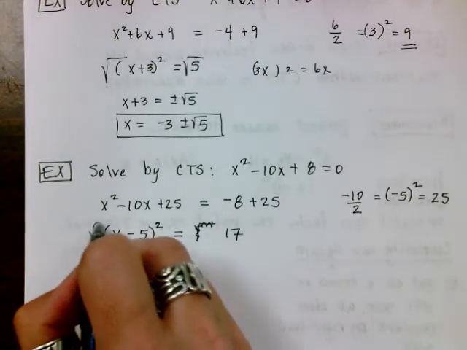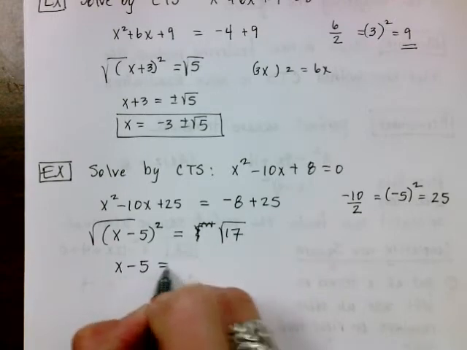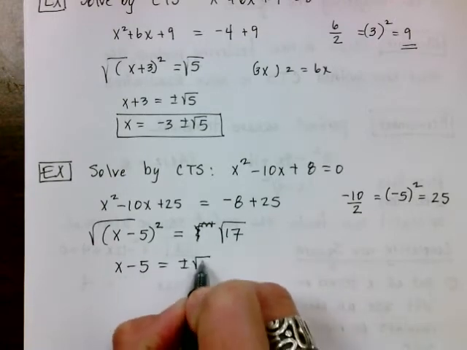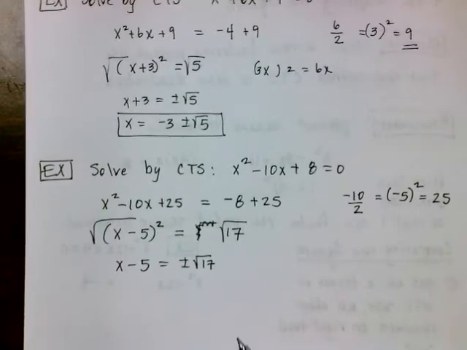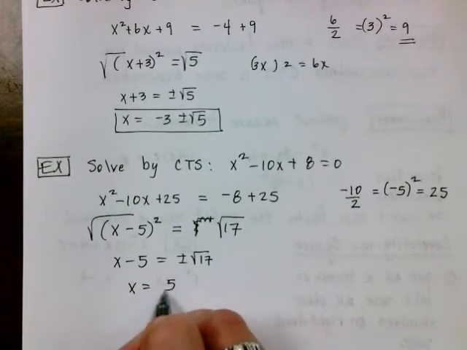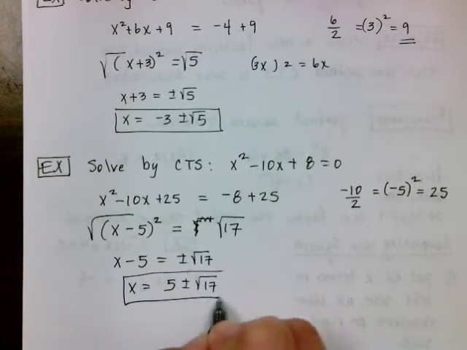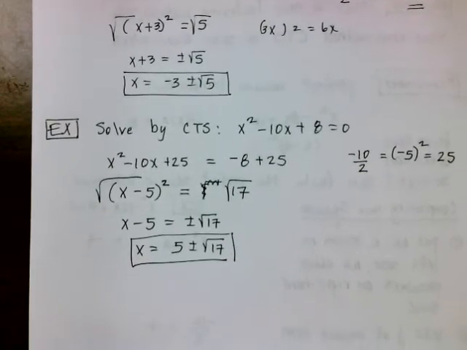Now I can take the square root of both sides, and I get x minus 5 is equal to plus or minus radical 17. It doesn't reduce because 17 is prime. Then I get x is equal to 5 plus or minus radical 17. And then I'm done. Completing the square is actually a really, really nice method to use.